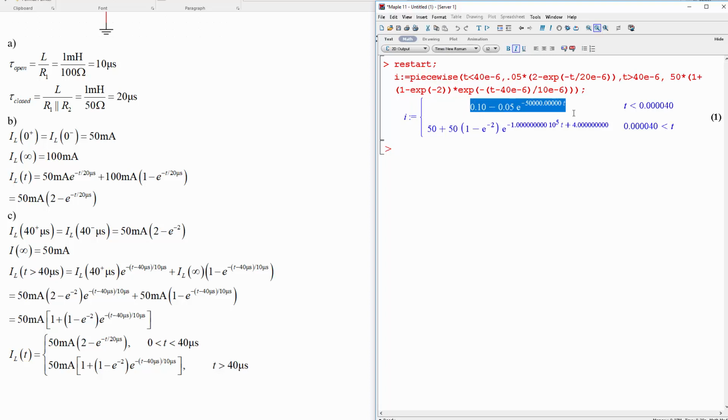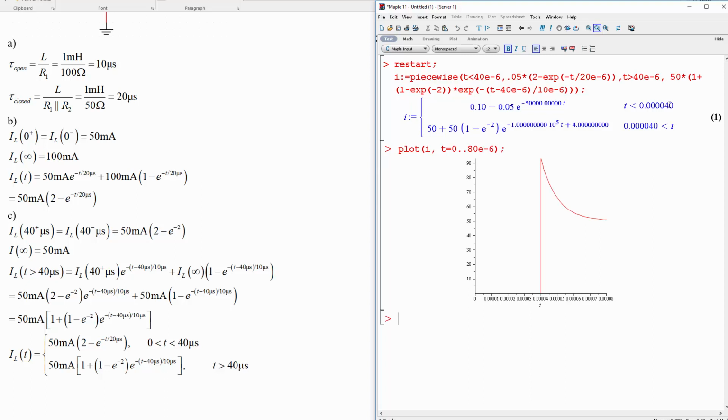So we have this thing if t is less than 40 microseconds, and this other function if t is greater than 40 microseconds. We can go ahead and plot that, from t is, let's say, 0 to 80 e minus 6. We said if t is less than 40 microseconds, then we should have this first function, and if t is greater than 40 microseconds, we have this other function.